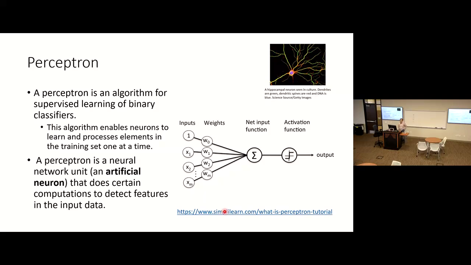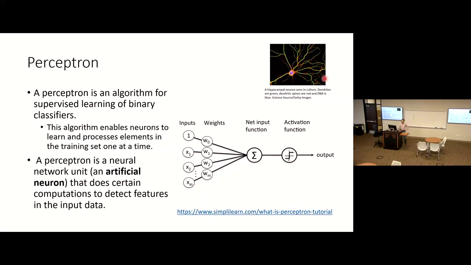Okay, perceptron. It's a neuron in machine learning. People in the computer science field, several decades ago, had a very early idea: we want to simulate a neuron to process information to make a decision. This borrows the idea and knowledge from biology, especially neuroscience.